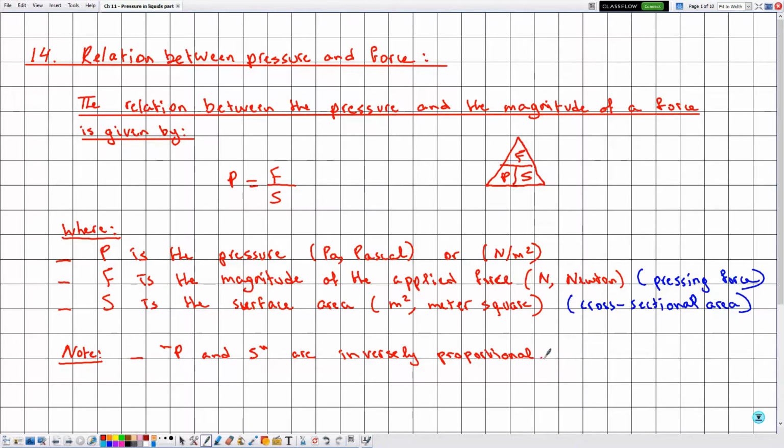So when S increases, P decreases. When S decreases, P increases.